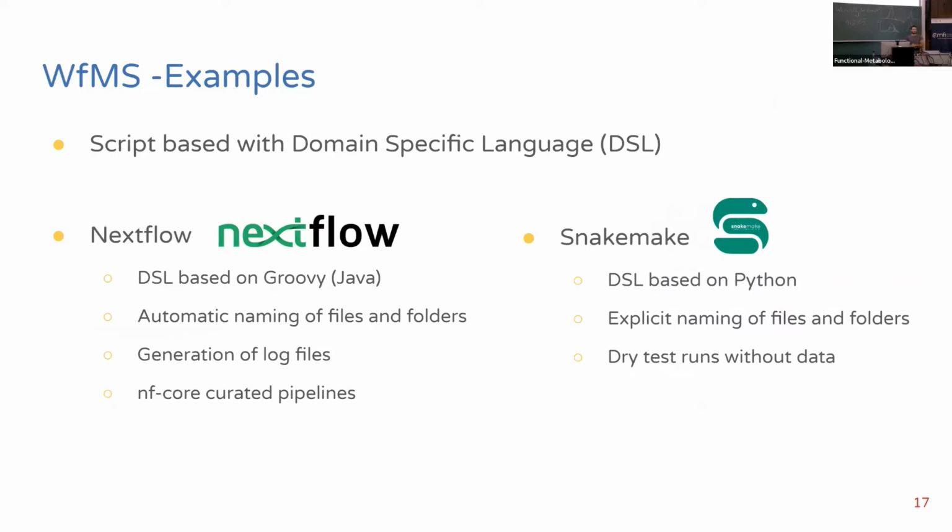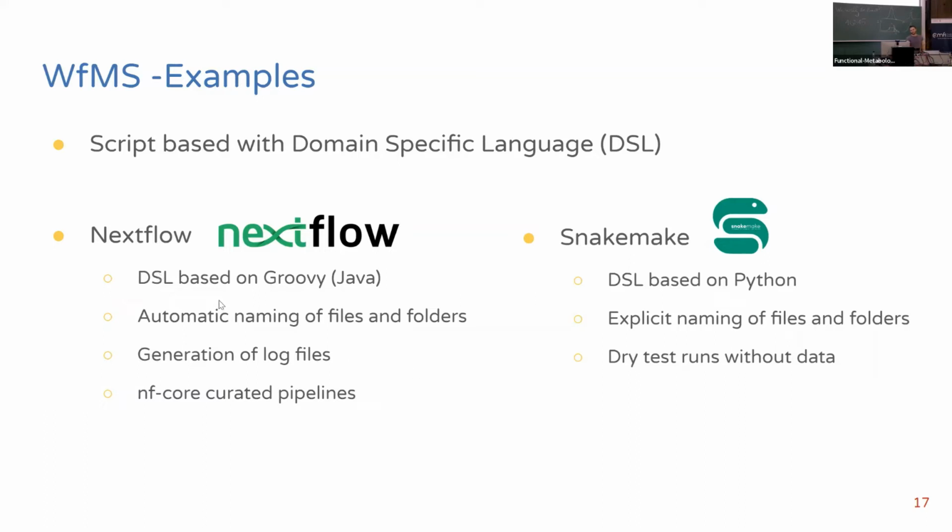Another thing is the script-based workflow managers, like here Snakemake and Nextflow. Both of them have a domain-specific language. So let's say you have SQL, which is a domain-specific language for accessing databases, and therefore you also have specific languages for building workflows.